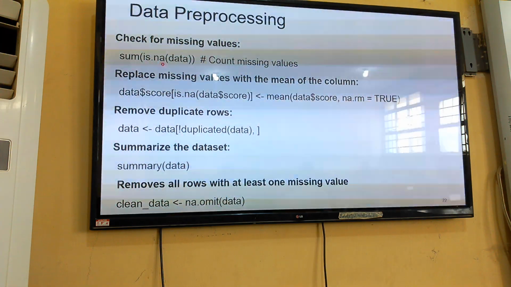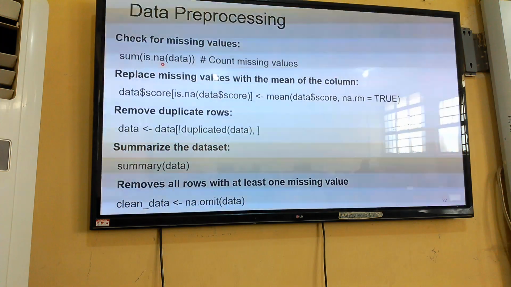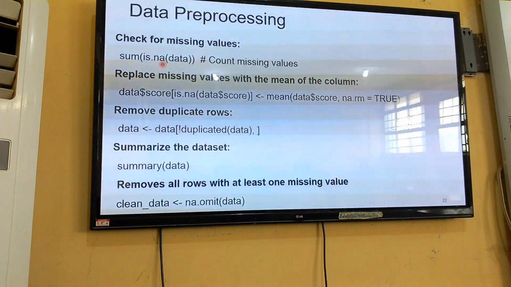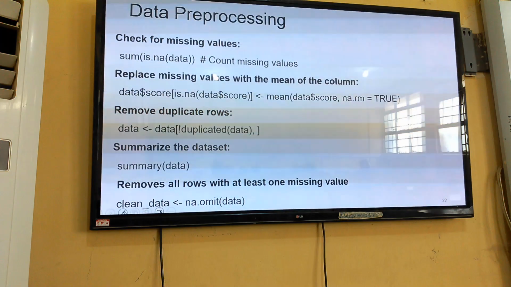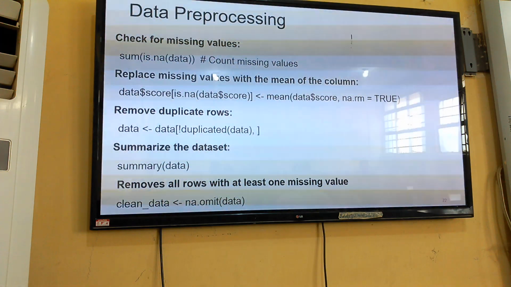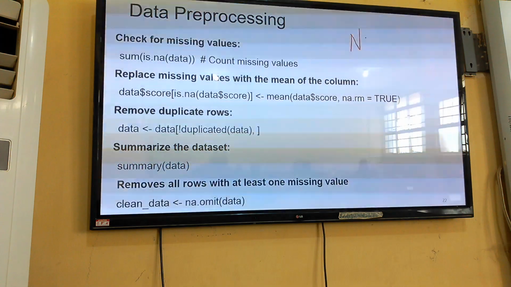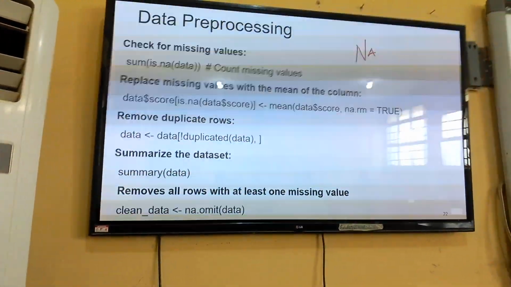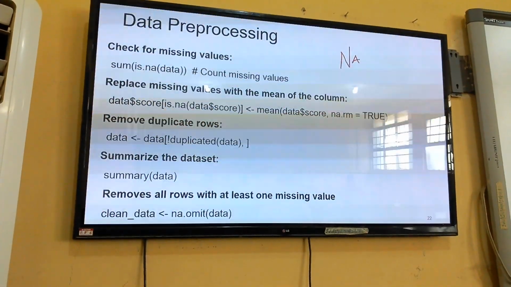Now what does it do? It checks within your data frame. Whenever you import any data frame and in a column you see NA, what does it mean? It means there's a missing value there, isn't it?